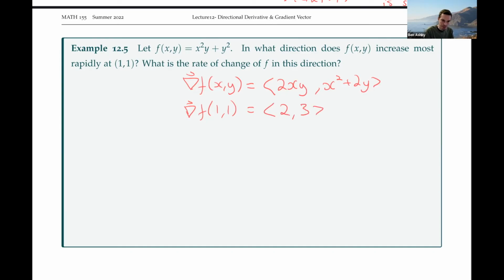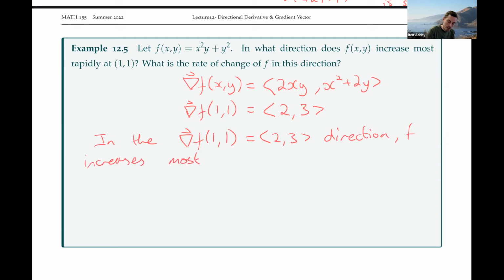Okay, so this tells us, because we already know from the previous slide that our gradient vector points in the direction of steepest ascent, that in the (2, 3) direction, f increases most rapidly.